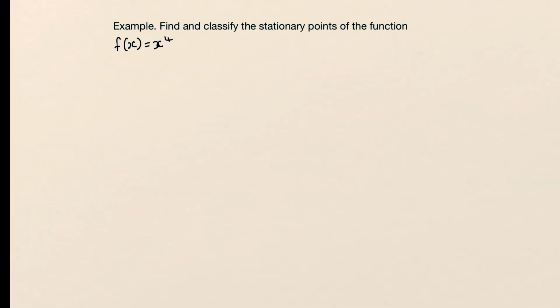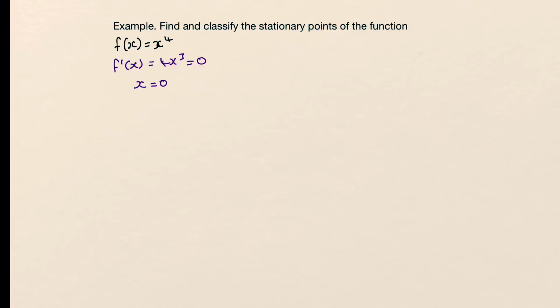Okay, so now we're going to have a look at what happens when we aren't able to classify the stationary point because the second derivative is equal to 0. So we have the function f of x equals x to the 4. The first thing we've got to do, as usual, is the first derivative is 4x cubed, and we set it to 0. Obviously here x equals 0.